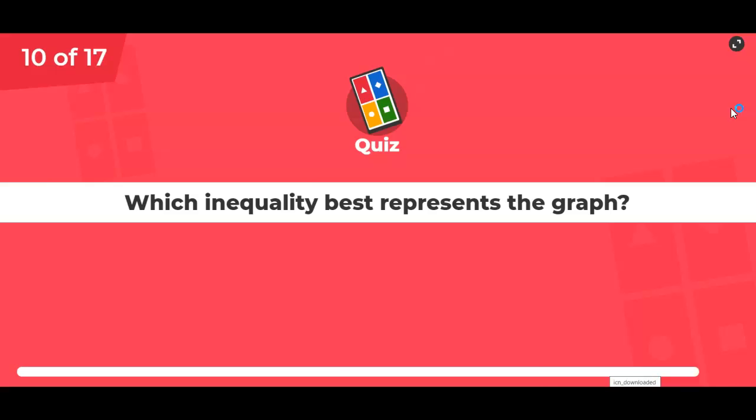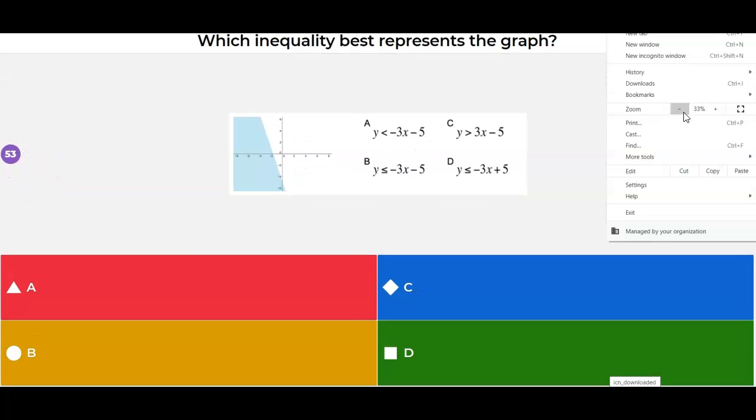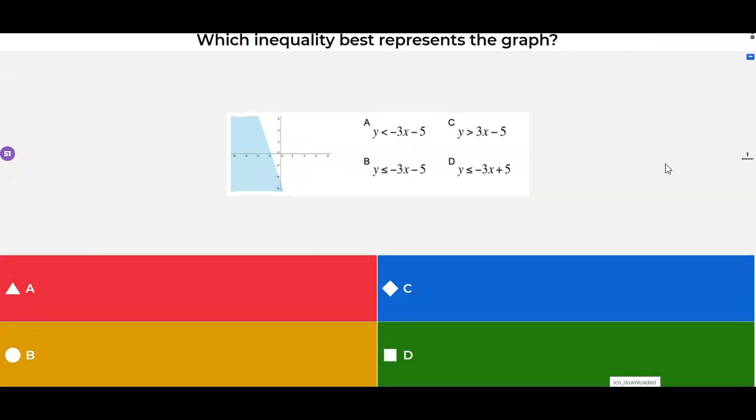Okay, which inequality best represents the graph? So which one best represents that graph? So again, think about the fact that the y-intercept's down here. That eliminates one of your choices.